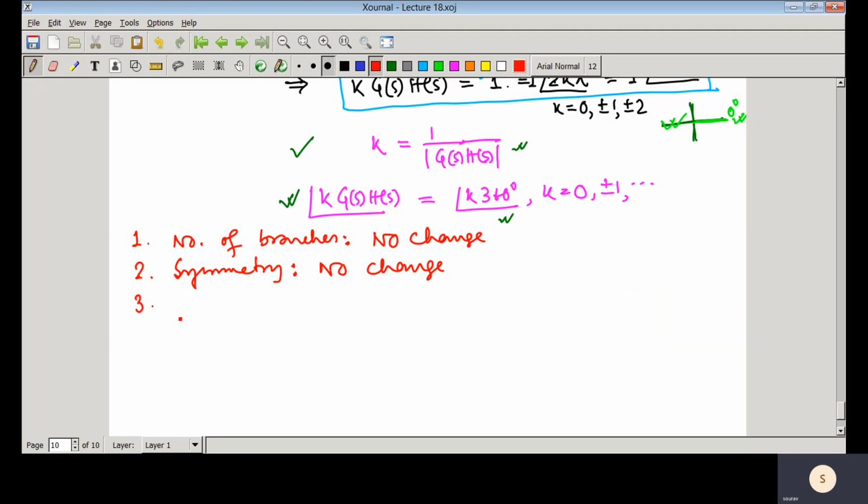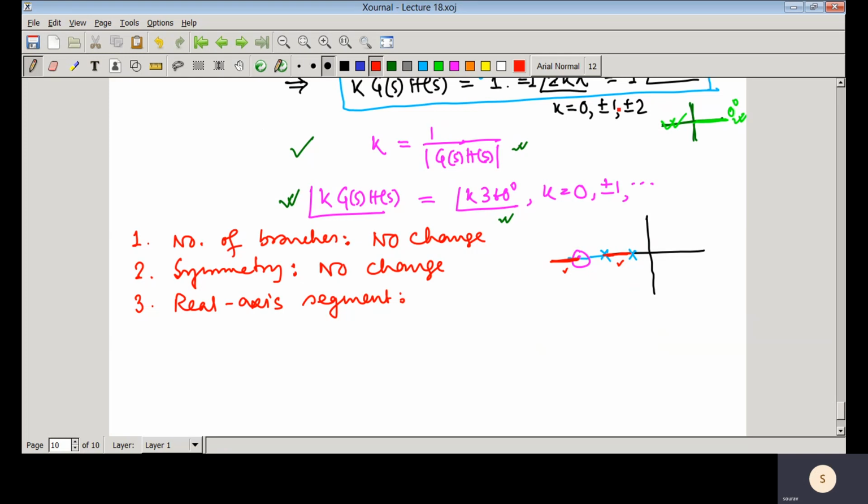So then let us see that real axis segment. So here there would be a change, because you can understand that suppose you have a pole here, another pole here, and suppose you have a zero here. In case of negative feedback, what we have seen is that this particular segment would be part of that root locus.